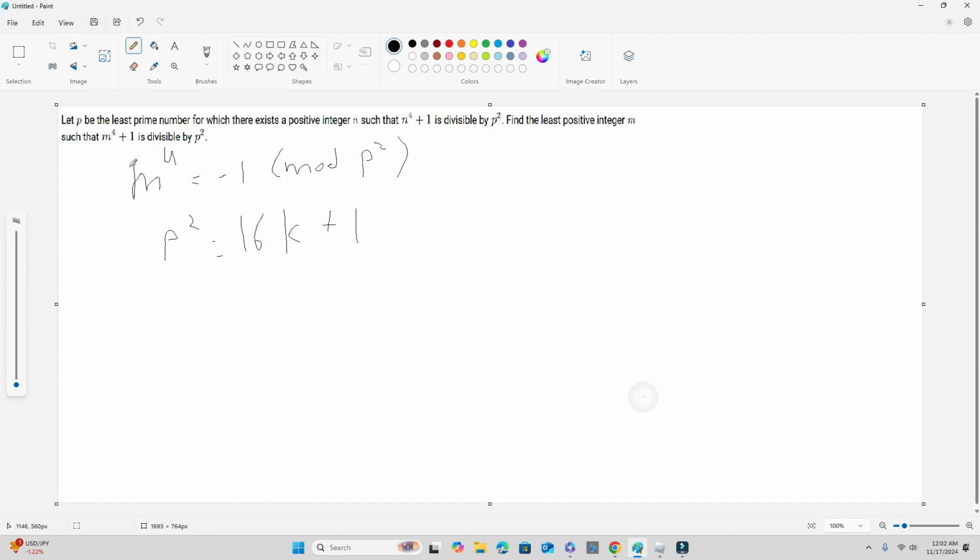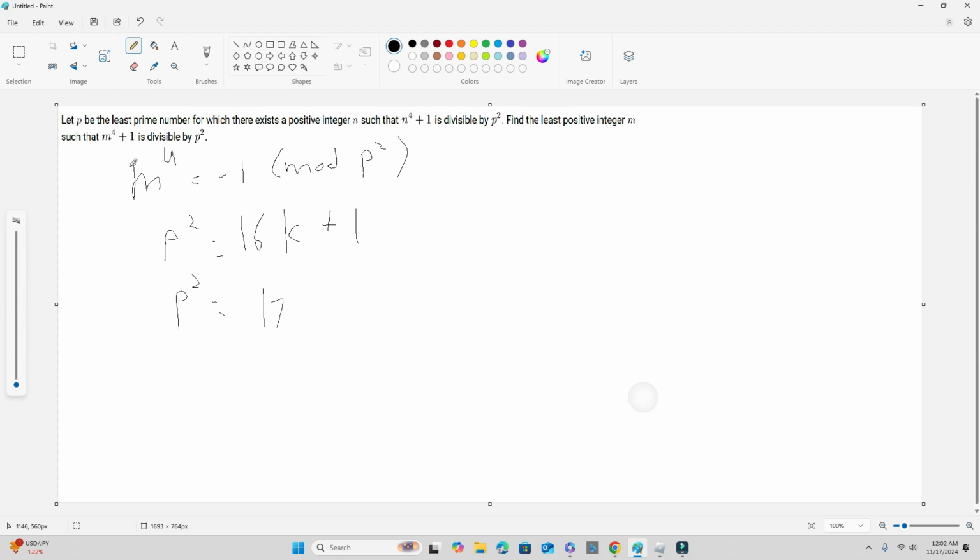And now, since we have to make sure that p squared is going to be the least, p squared would be equal to 17, because you're trying to get the least prime number in this case. So, that is a few of the results that we've gotten so far.